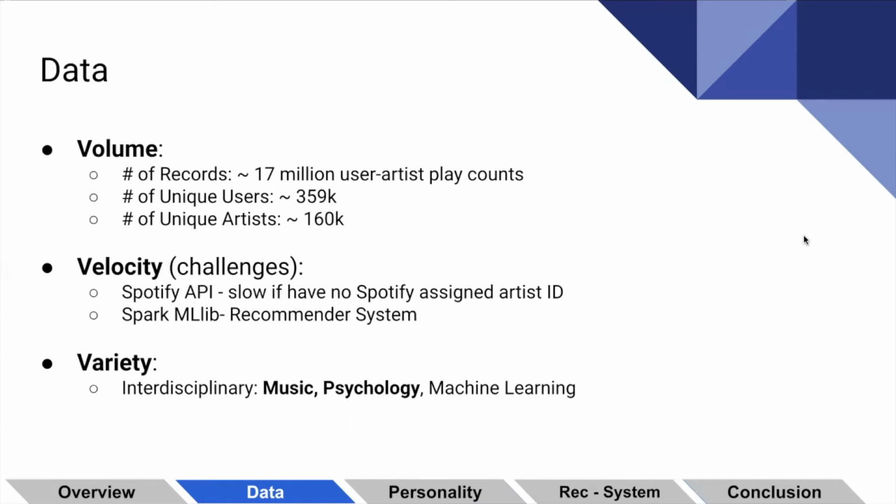However, since we don't have the artist ID assigned by Spotify, only one artist is processed each time, slowing down the whole pipeline. It also shows the inconsistency between different music platforms to some extent. As for the variety, it is interdisciplinary, composed of music, psychology, and machine learning.